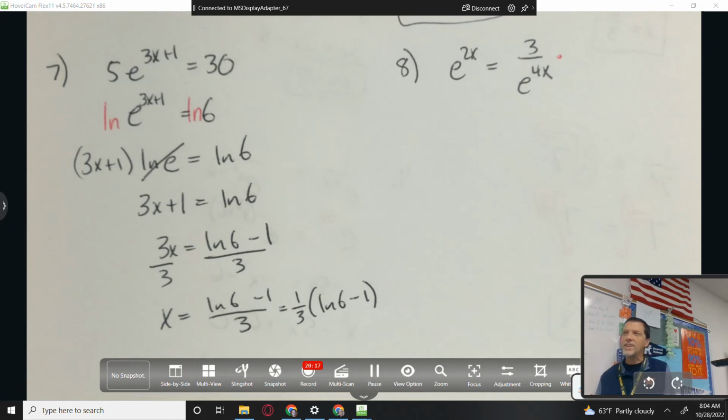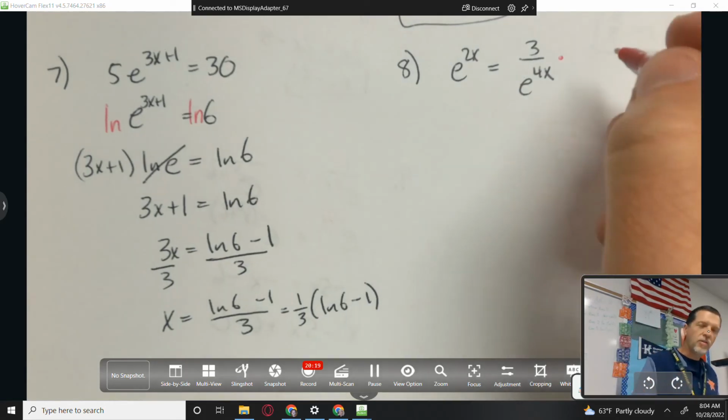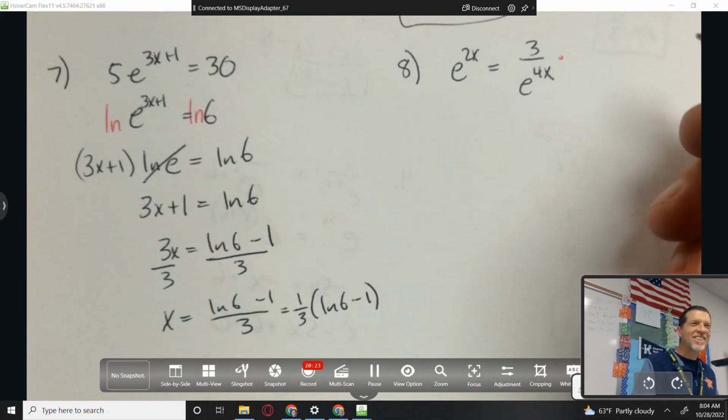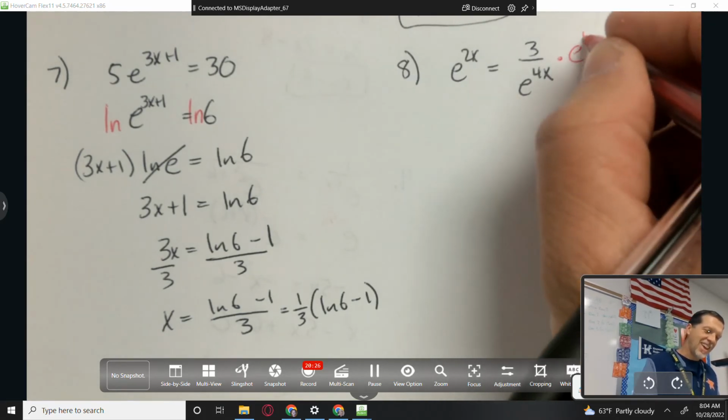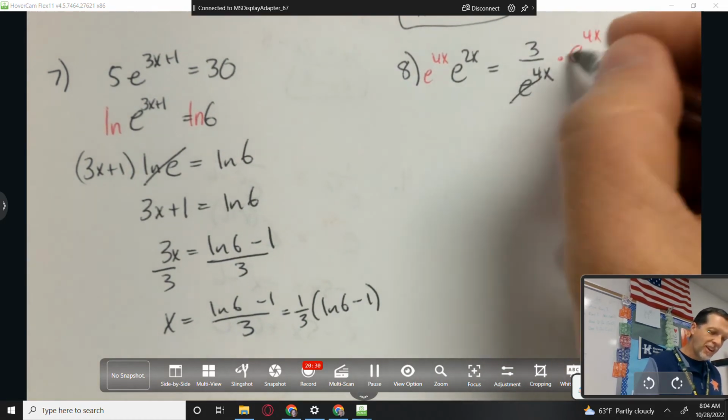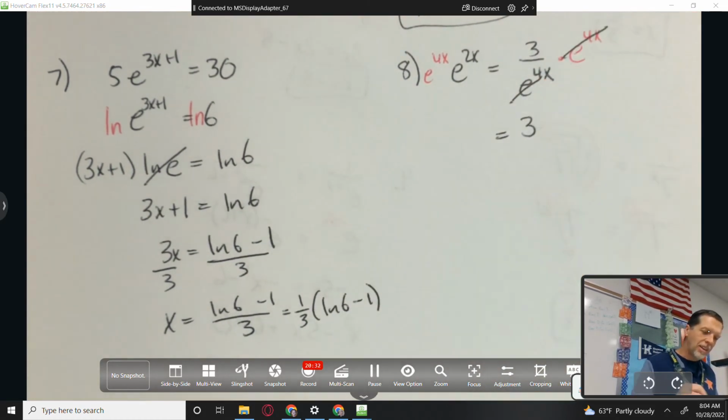You guys are quiet today. It's Friday, pep rally day. Get fired up. Let's go. What do you want to do to both sides? Yeah, e to the 4x to both sides. So on the right hand side, that's great. It goes away. We got just 3. What's e to the 4x times e to the 2x?